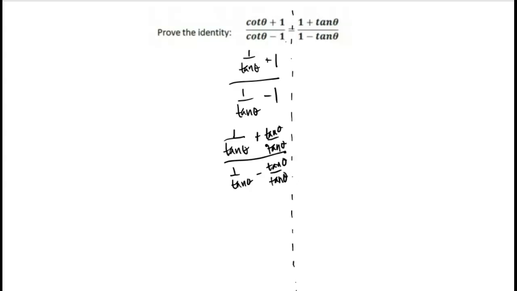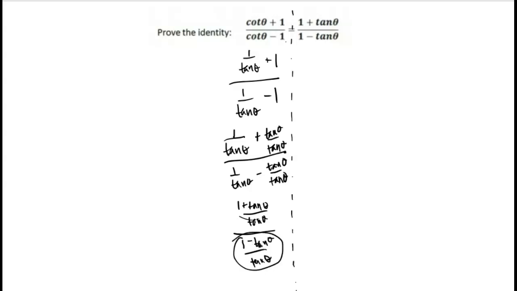Now that these have common denominators, I can simplify the top and simplify the bottom as a single fraction. So that gives me 1 plus tangent over tangent in the numerator and 1 minus tangent over tangent in the denominator. Our next step is, since this is technically division, we're taking 1 plus tangent over tangent divided by 1 minus tangent over tangent. We're going to go through the process of dividing fractions, which is that you invert the bottom.